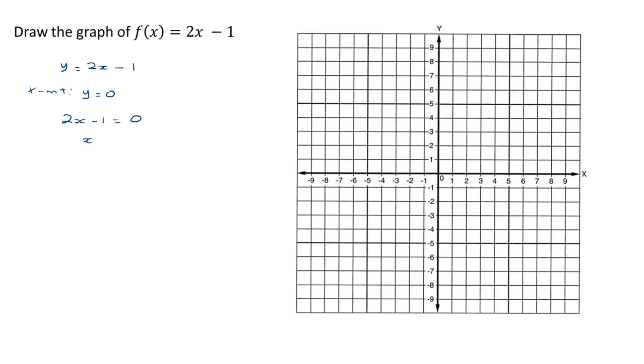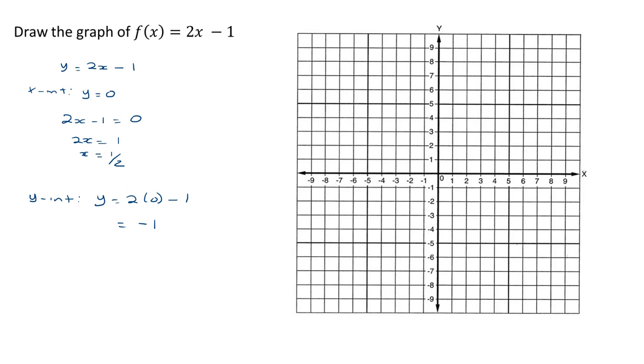So 2x equal to 1, x is a half. Then we look at the y-intercept. The y-intercept is when x is 0, so y equal to 2 times 0 minus 1, which is equal to minus 1.